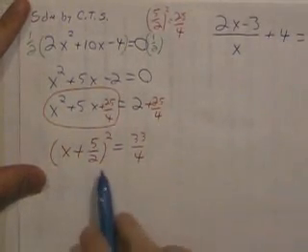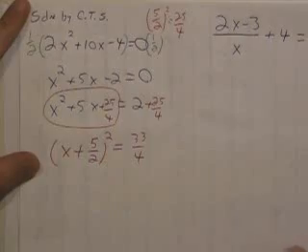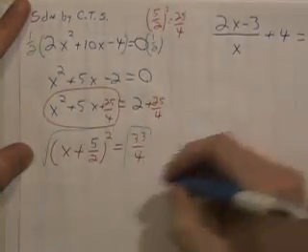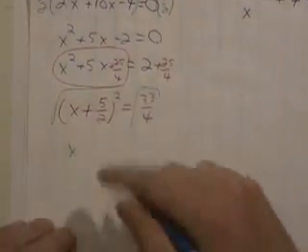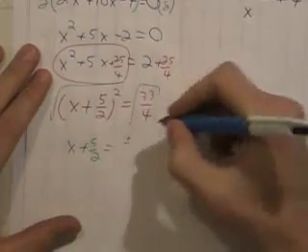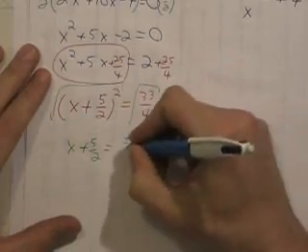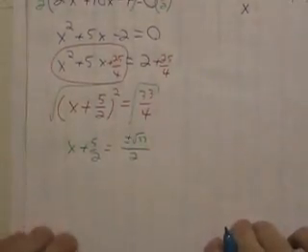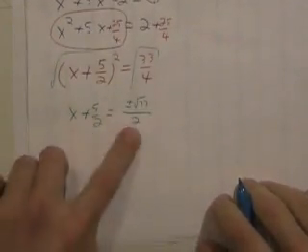And then it's a good deal, because all you have to do is just square root both sides, and it turns into the problem that we just did. So when you square root that, you'll get x plus 5/2 equals plus and minus square root of 33 over what would be the square root of 4, but that's just 2. So then to finish that off, you just add this on both sides.